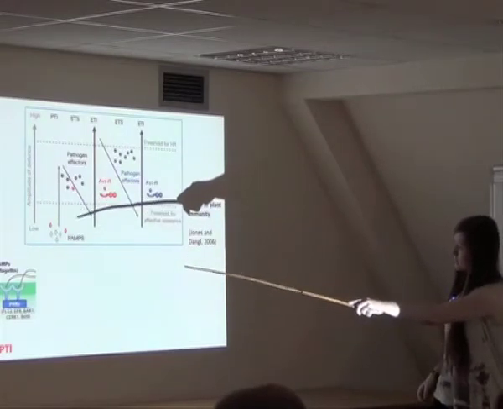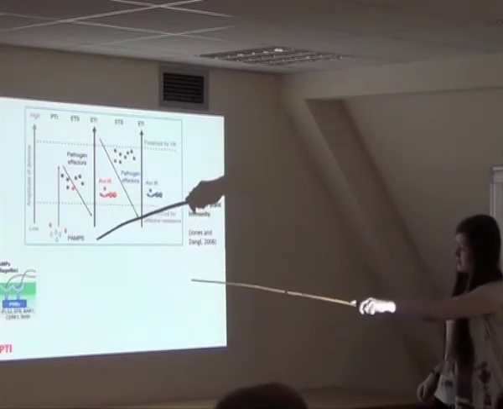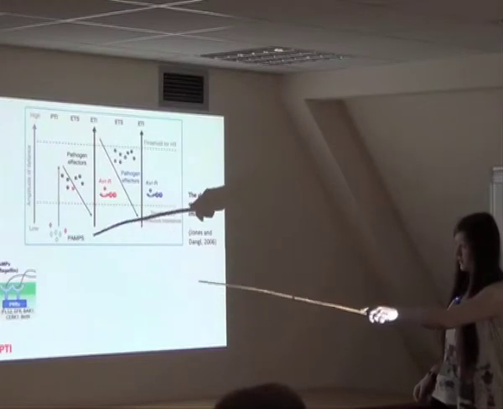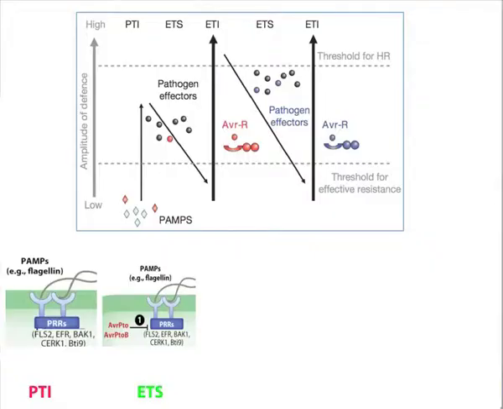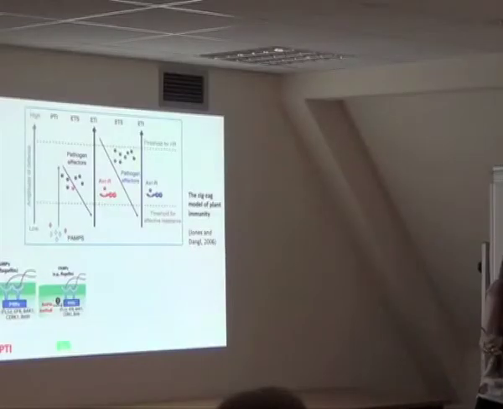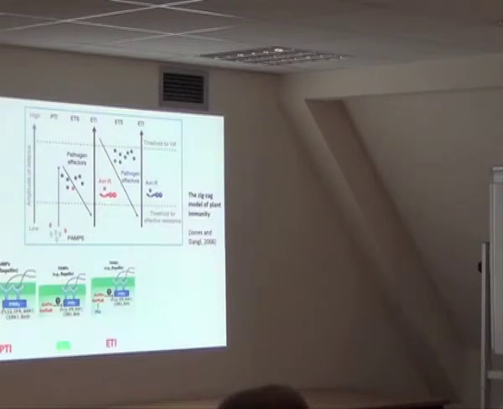Here we have the PAMP flagellin activating the PRRs, and this leads to PAMP-triggered immunity, or PTI. A successful pathogen will be able to suppress this PTI, and here we have two effectors inhibiting the functioning of PRRs within the host cell to cause effector-triggered susceptibility.